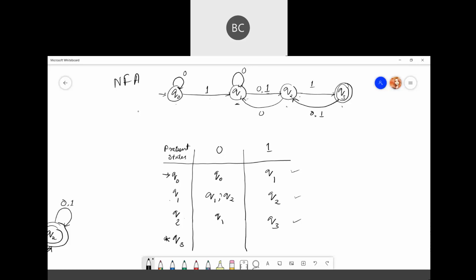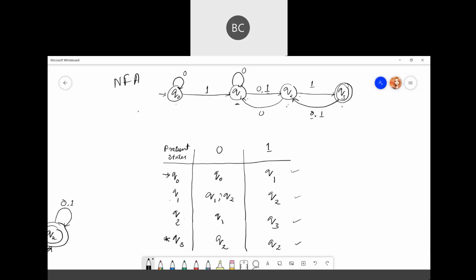Now for Q3. For Q3, if it takes 0, it goes to Q2 again. Okay, and for Q1 also, it goes to Q. Okay, so this is the transition table for the given transition diagram.